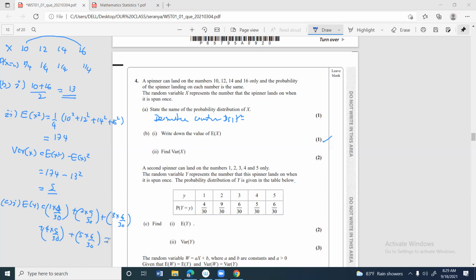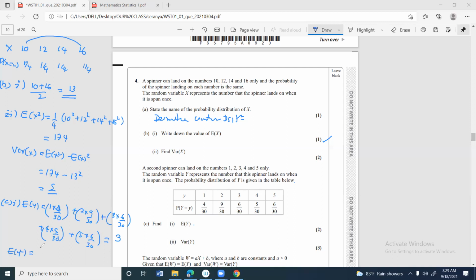The total divided by 30 equals 3. E(Y) becomes 3. To find the variance of Y, initially I need to find E(Y squared).